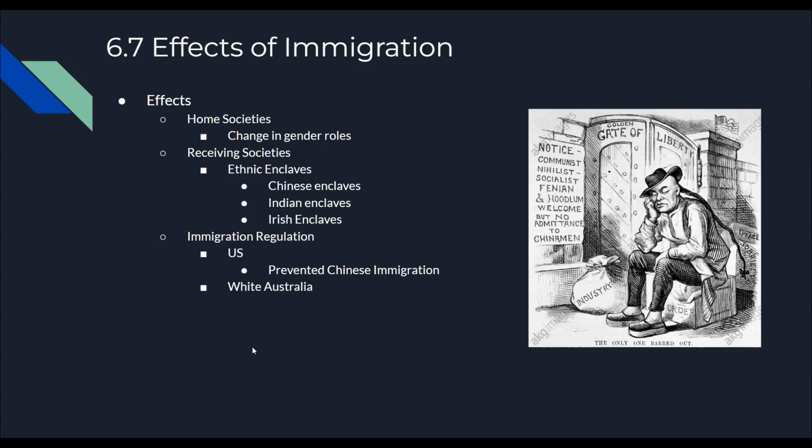You also had the White Australia policy, which led to the Chinese Immigration Act, which limited the amount of Chinese people who could come. And this White Australia policy actually stayed until the mid 1970s.